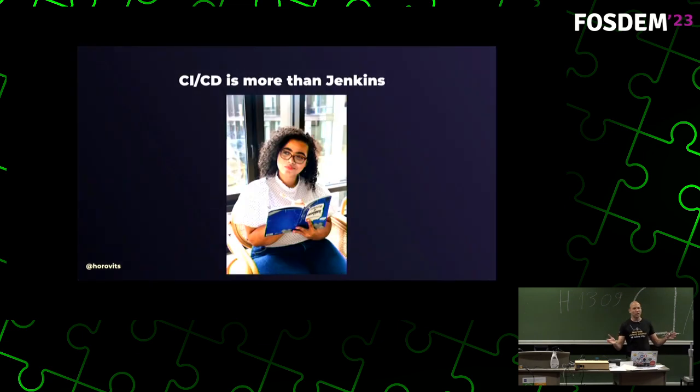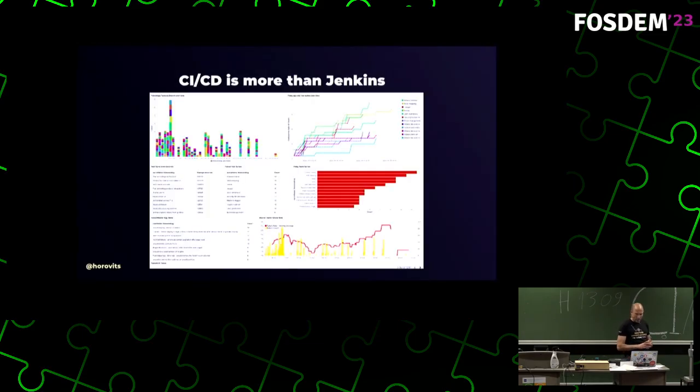But as we all know, especially here in the CI/CD devroom, CI/CD is much more than just Jenkins. So what else? If you remember the original requirements, we wanted to analyze flaky tests and test performance. Following the same process, we collected all the relevant information from test runs and stored it in Elasticsearch and OpenSearch, and then created a Kibana dashboard or OpenSearch dashboards.